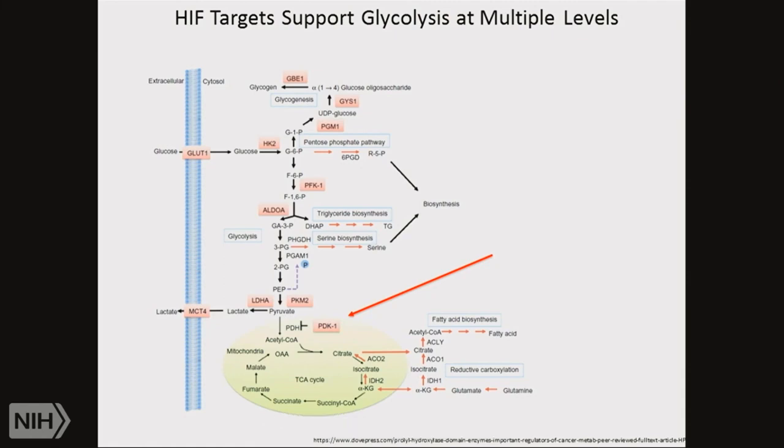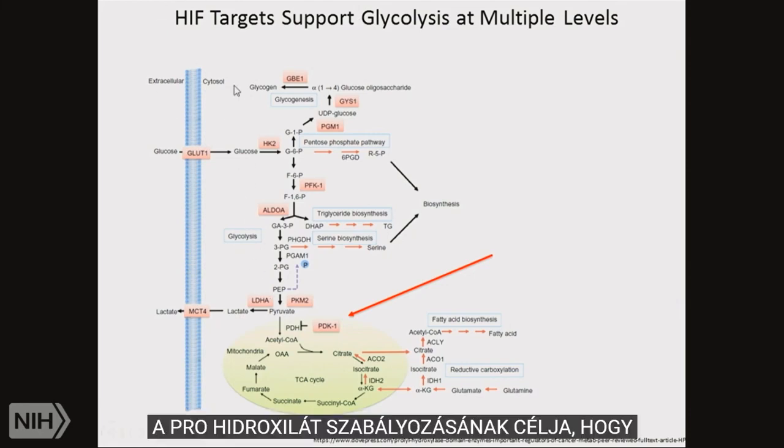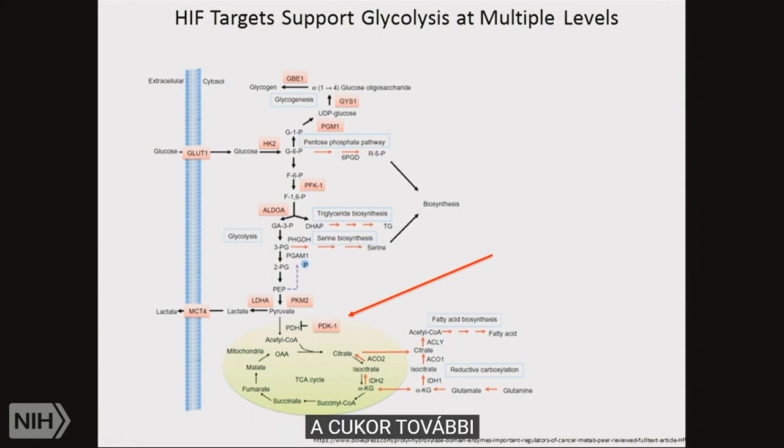So the prolyl hydroxylases are apparently controlling this glycolytic process and maintaining high levels of these enzymes so that the sugar can continue to flow in and or be tapped off to pentose phosphate. One of the particularly interesting ones is this little kinase down here that we'll talk a little bit more about, because what that kinase does is phosphorylate pyruvate dehydrogenase, the first step in the production of citrate.